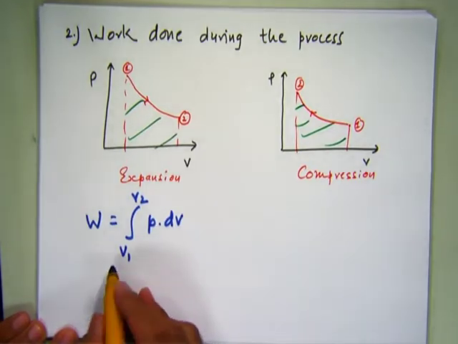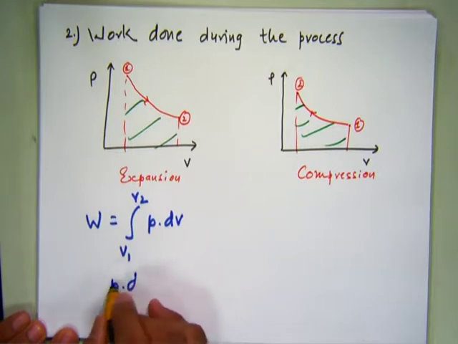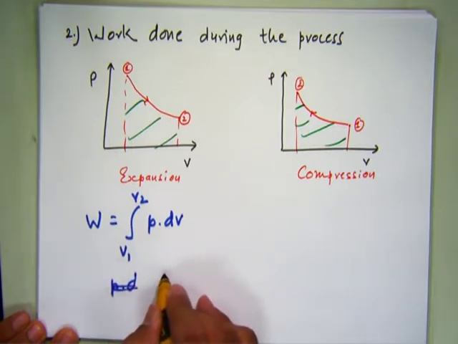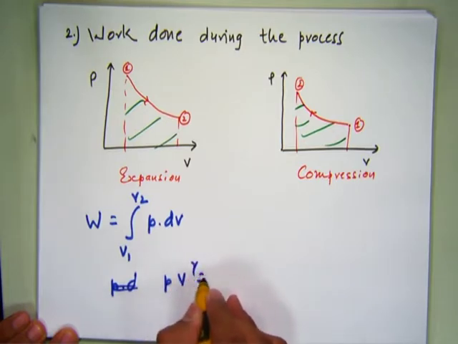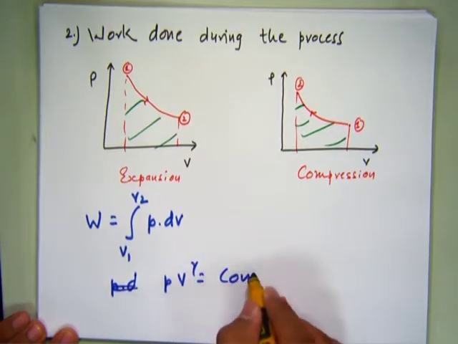Here you are knowing that P into V raised to gamma is constant.